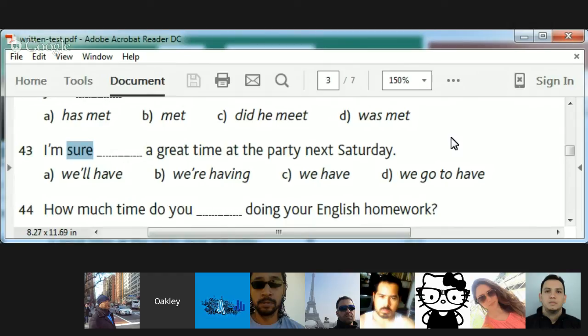Or if you're making an offer, or a request and a question, will you pick him up at the airport? We use will. We use the going to form because whatever it is has been thought of before. It's planned. But for predicting the future, you can use either. Speaker's choice. No change in meaning.